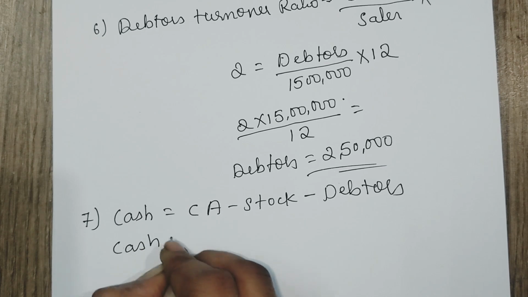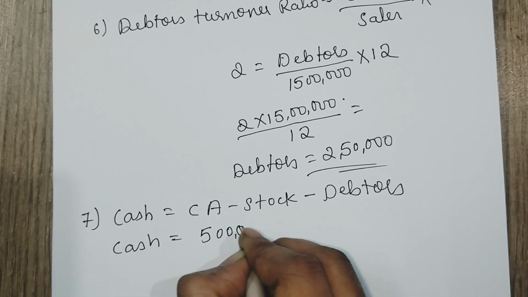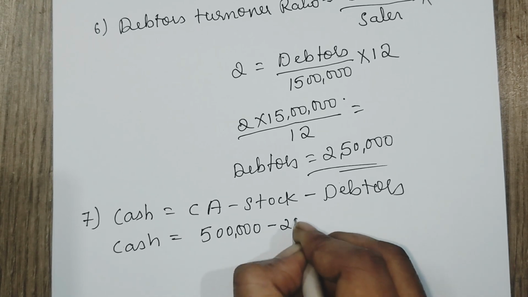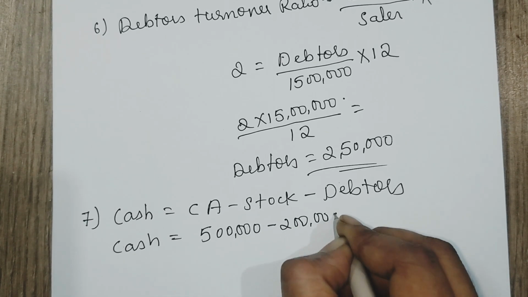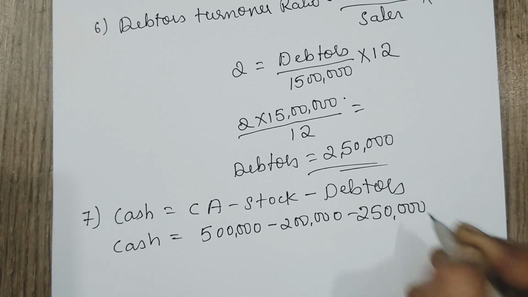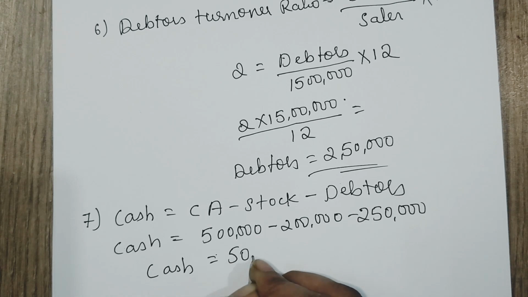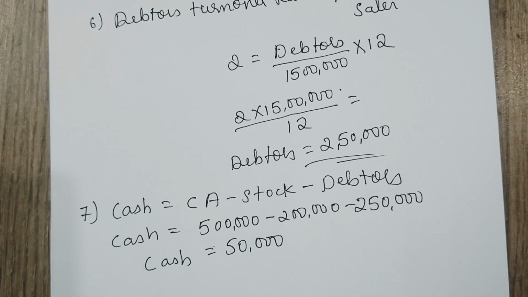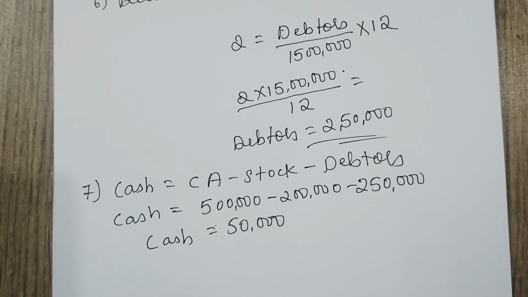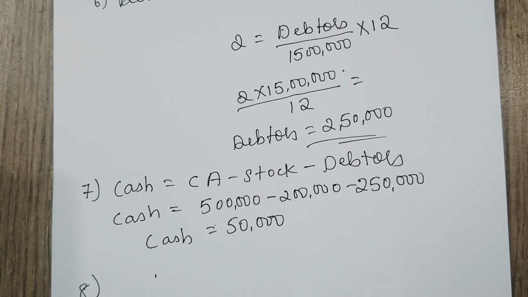Cash is equal to total current asset 5 lakh, stock 2 lakh, debtors 2 lakh 50,000, then cash is 50,000. The next is, we have fixed asset.